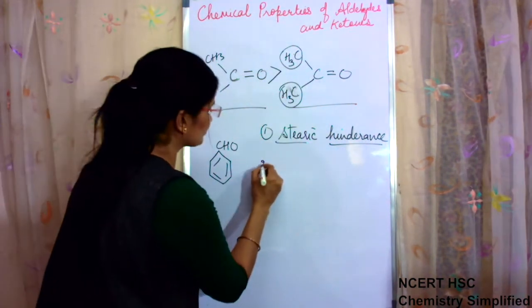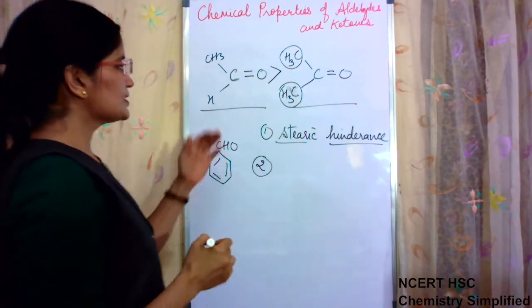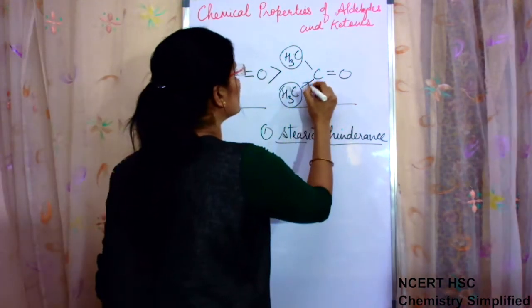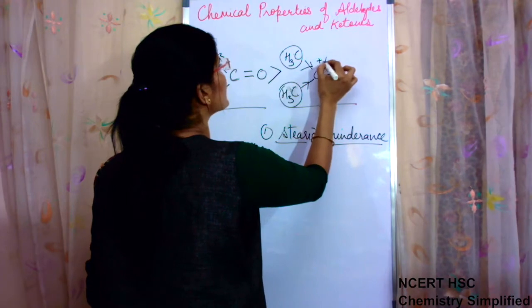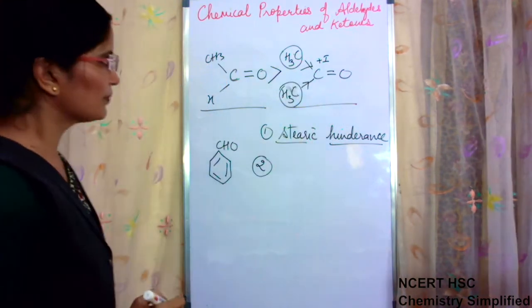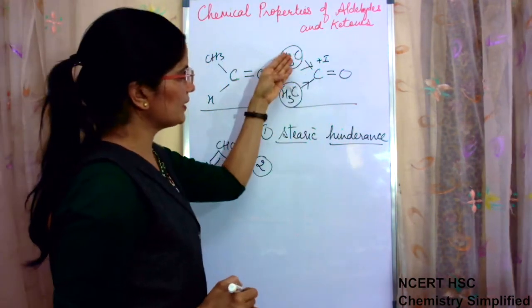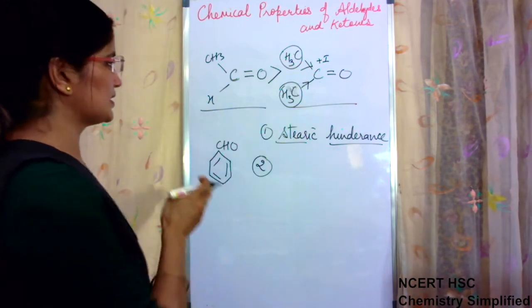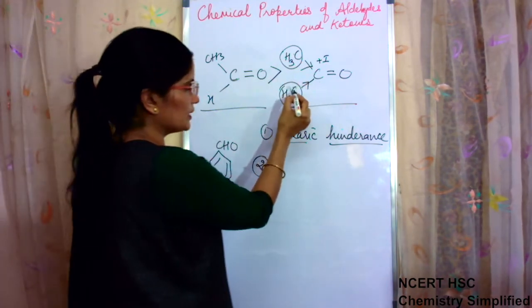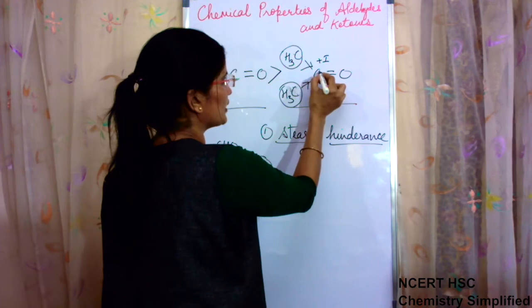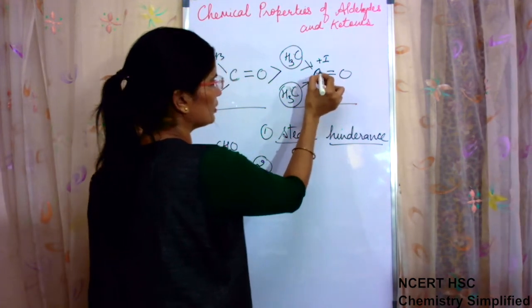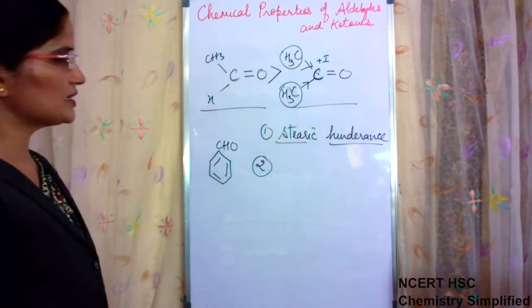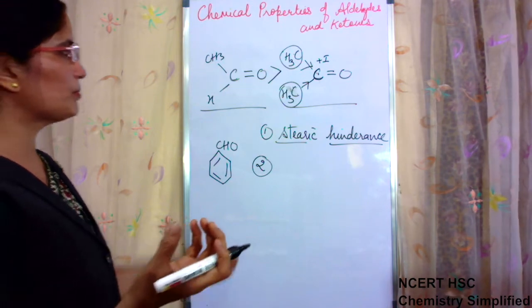Second reason is this: we know that alkyl groups have plus I effect. Plus I effect means they have electron repelling tendency. They repel the electrons, so the electrons will be accumulated on carbon. Means the negative effect will be more on carbon.